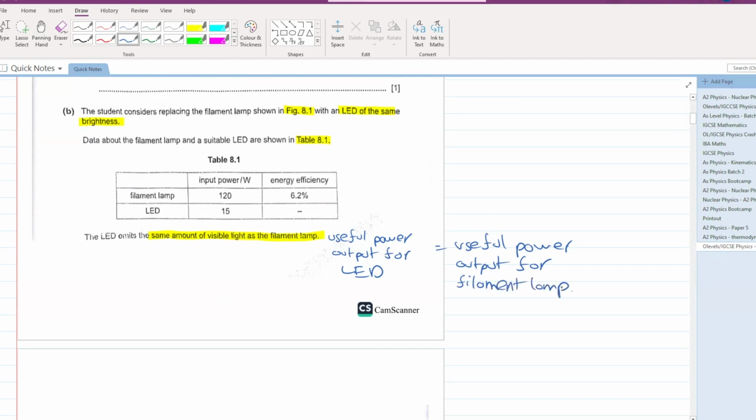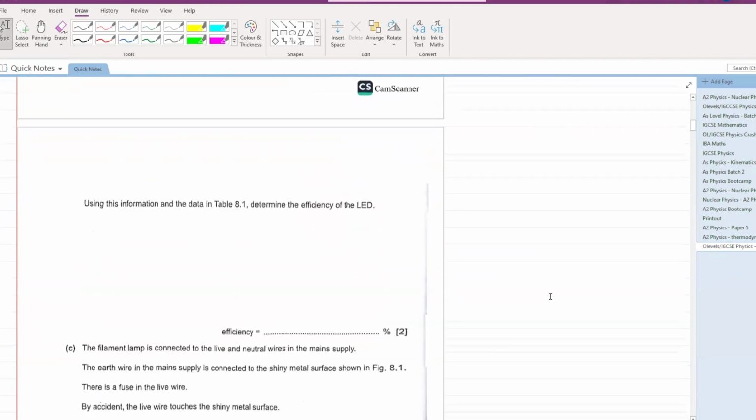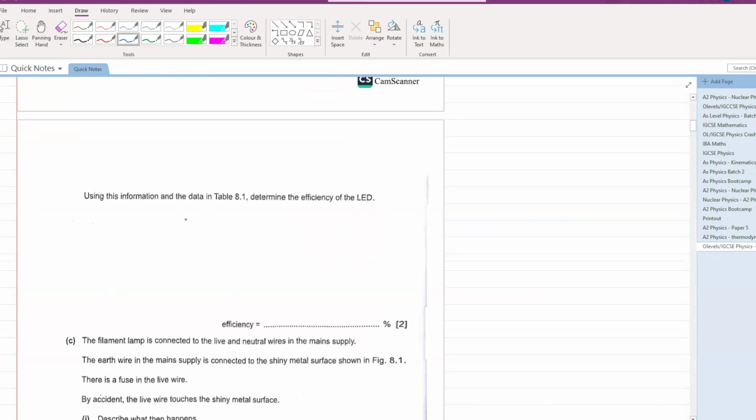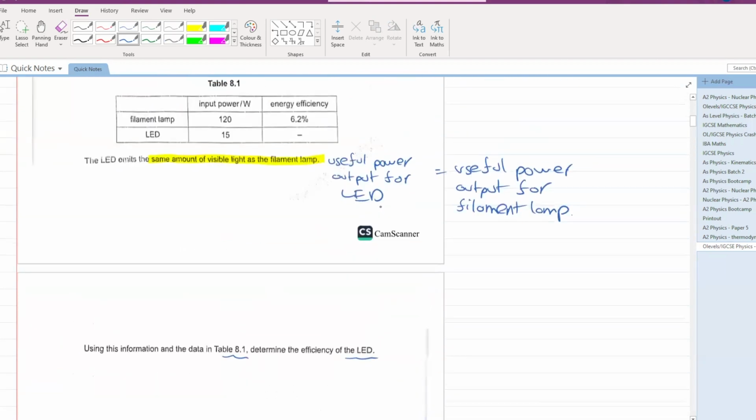Okay, let's further move ahead. Let's see what the examiner is asking. Use the information and data in table 8.1 to determine the efficiency of the LED. So to determine the efficiency of the LED, which formula will we apply? Efficiency is equal to output power divided by input power, multiplied by 100.